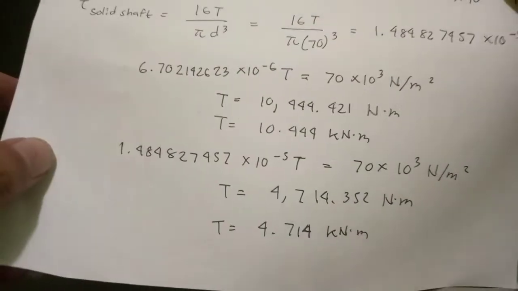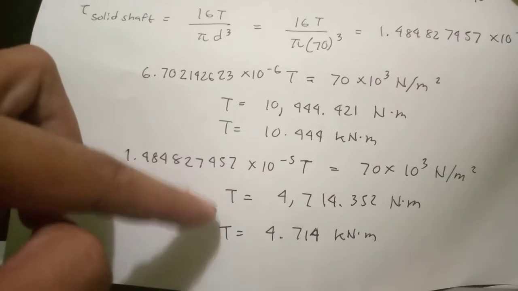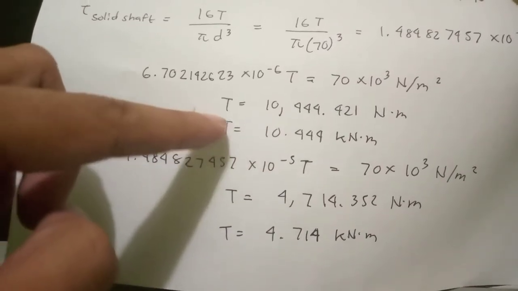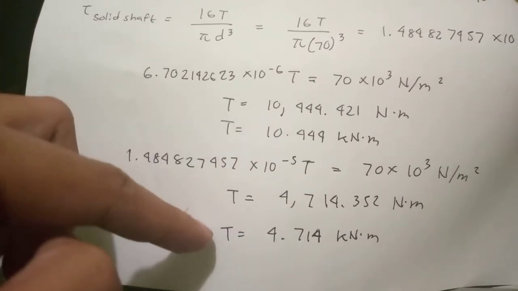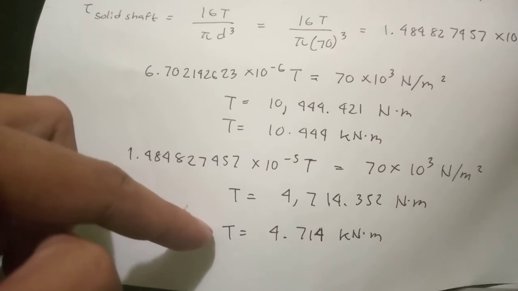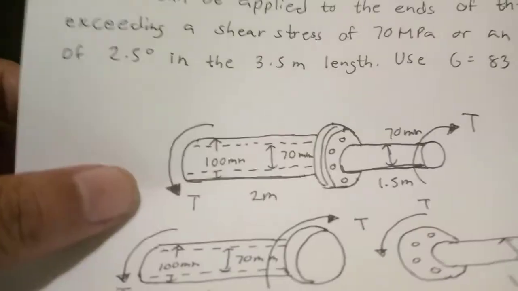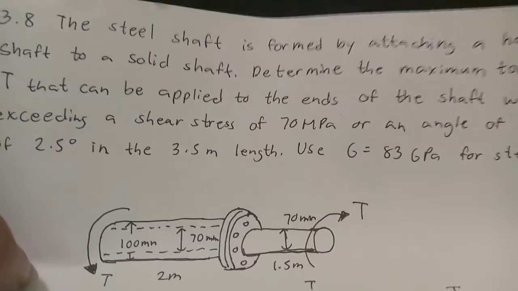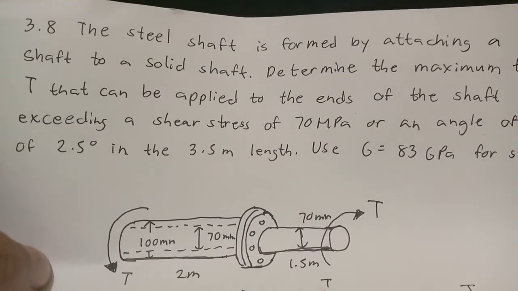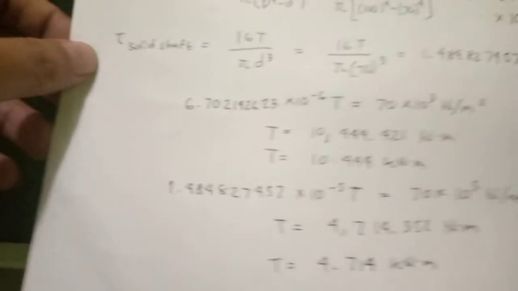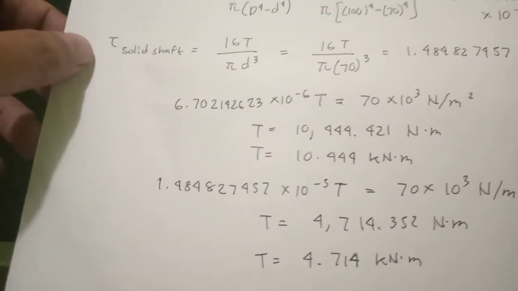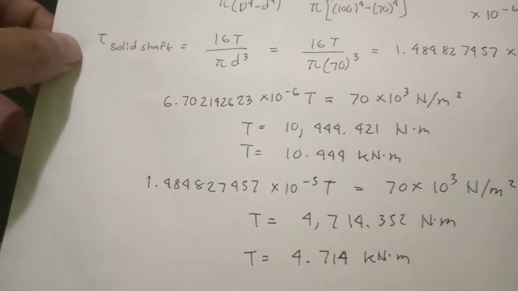So there are two different values. In this problem, we choose the smallest safe value for T. There will be different values of T that we can compute, and we choose the smallest one to represent the safest one.